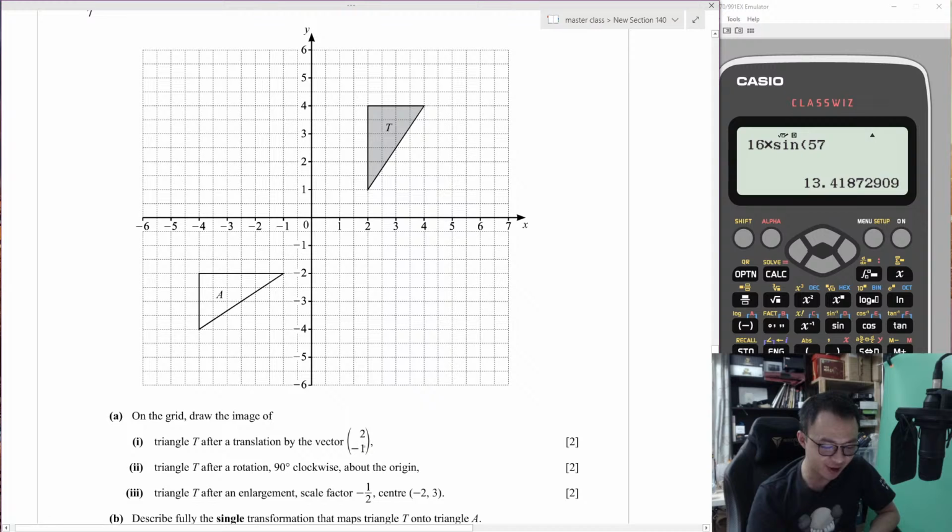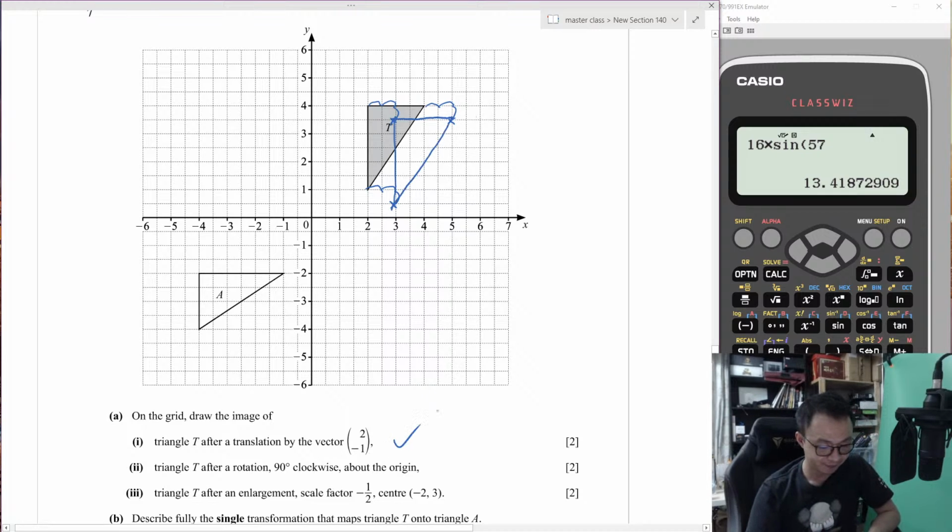After translation, okay, translation (2, -1) for T. 2 basically means move 2 units to the right hand side, negative 1 going 1 unit down, your first coordinate. Then you do the same thing for the second coordinate and the third coordinate. Then your triangle will be here, just connecting them. Just connecting these 3 coordinates, then you should be able to get the first answer.